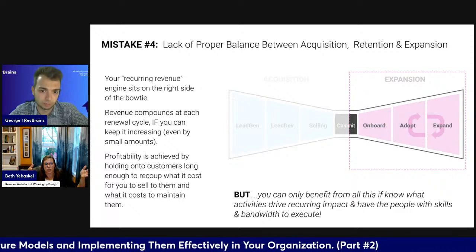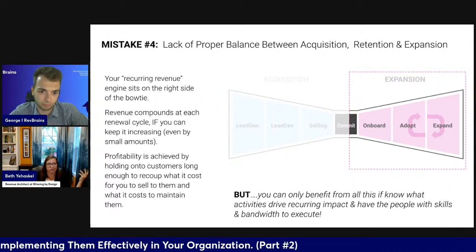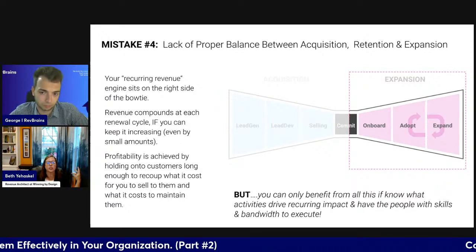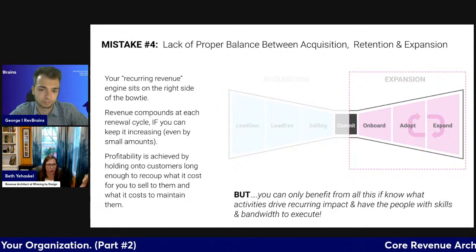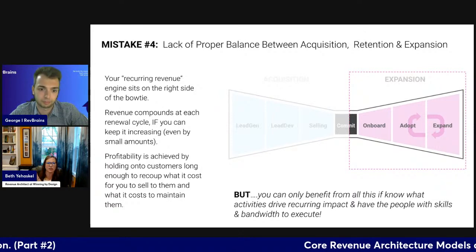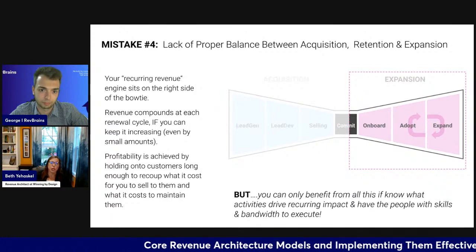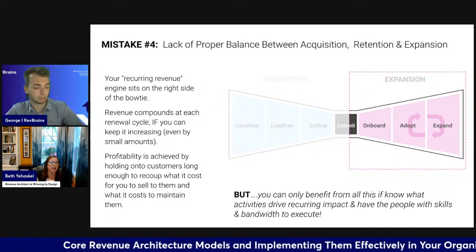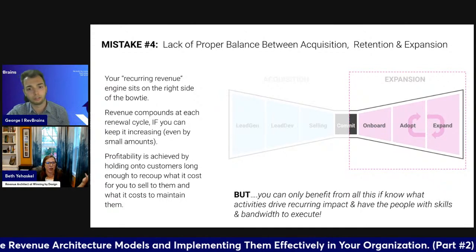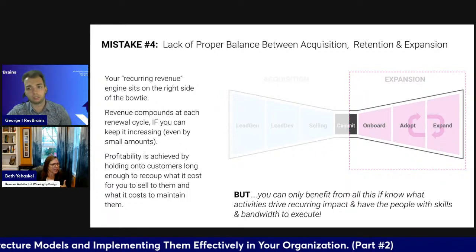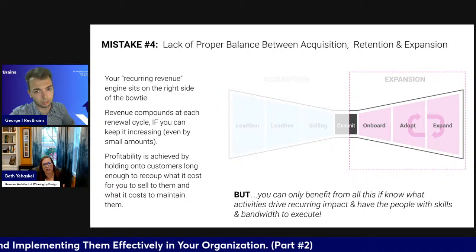Let's say that that deal churns at 12 months. You essentially just lost money on that customer. You wasted all of the marketing and sales dollars that you spent to get in. Whatever onboarding and minimal support you might have had was wasted, because you didn't properly invest in that right side.